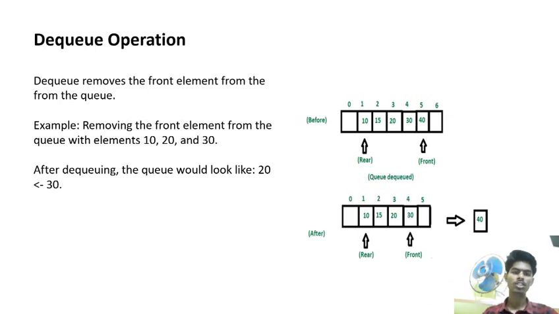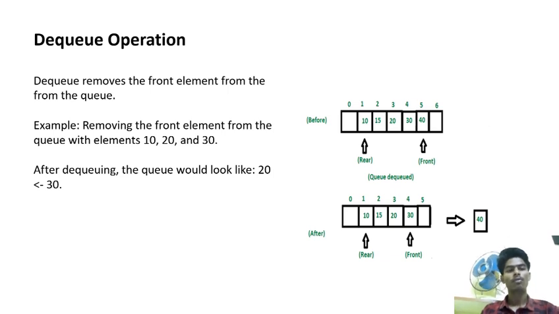Now we are discussing the dequeue operation. Dequeue removes the front element from the queue. Example, removing the front element from the queue with elements 10, 20 and 30. After dequeuing, the queue would look like 20, 30. As we know, front means the end where we start deleting elements.